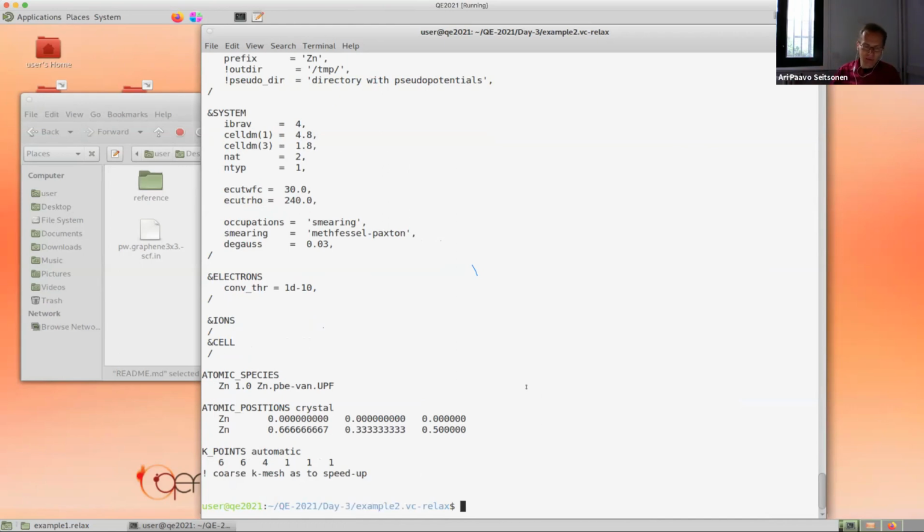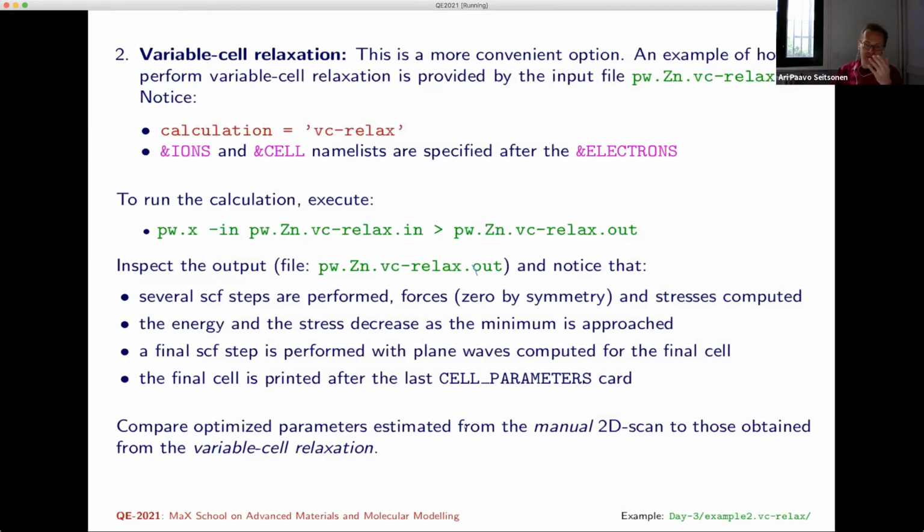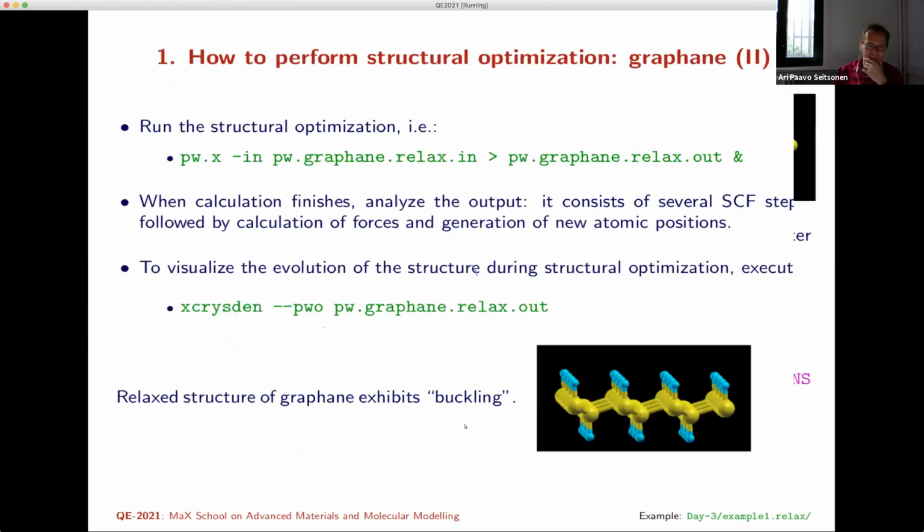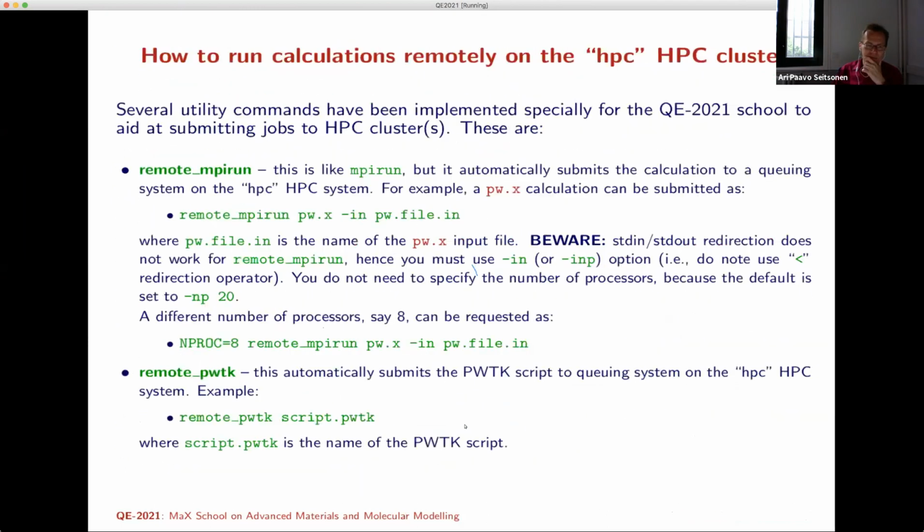Now, if you don't remember anything from day 0, or if you joined a bit later, let's hope everyone has the remote access. We will now be checking that on the fly. At the beginning, after the introduction slides, there were two short introductions to the execution remotely.